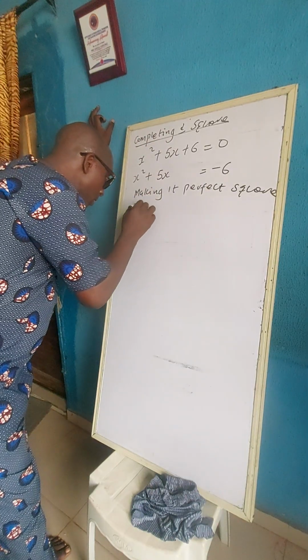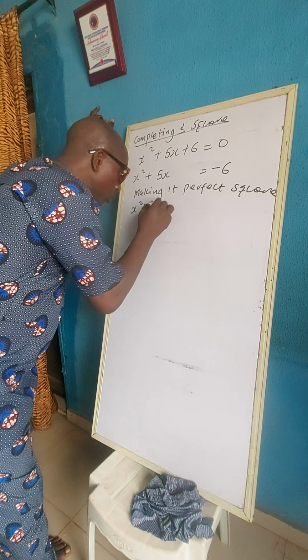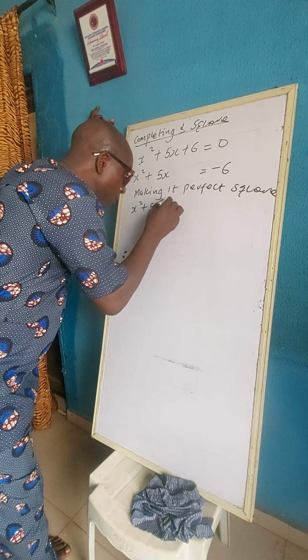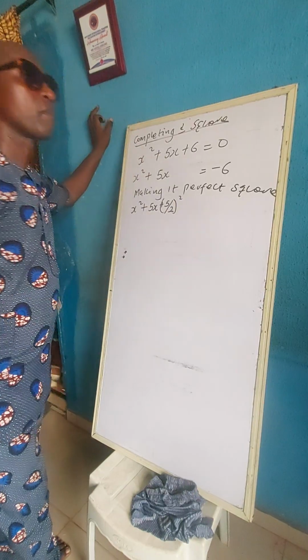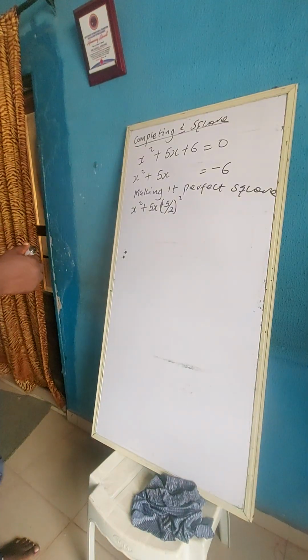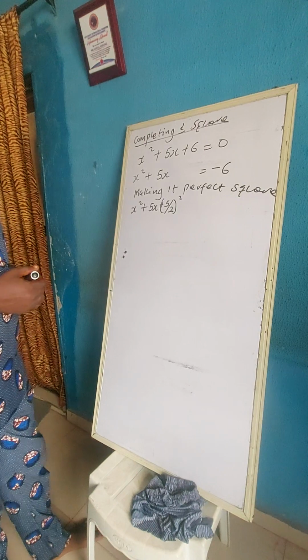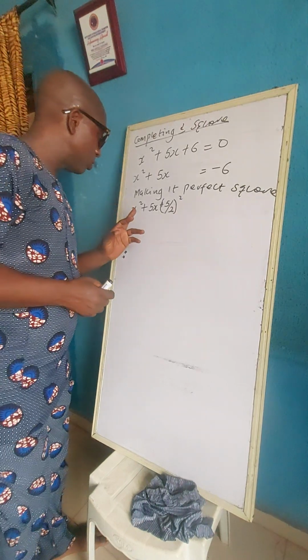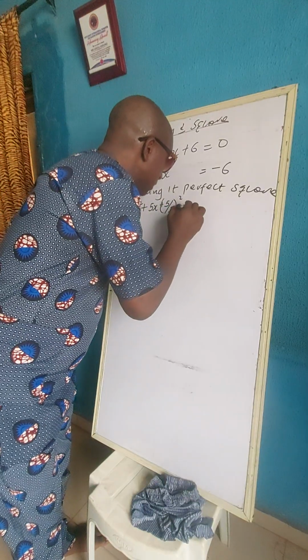X squared plus 5x, it becomes plus 5 over 2 all squared. That's, you divide this by 2, then you square it. Equal to, you balance it.